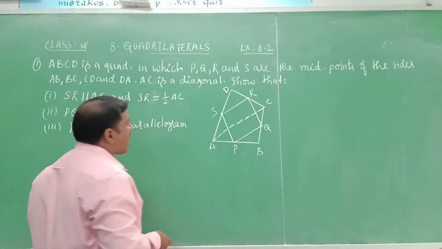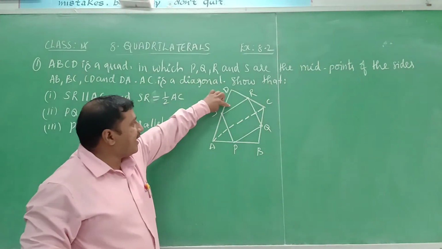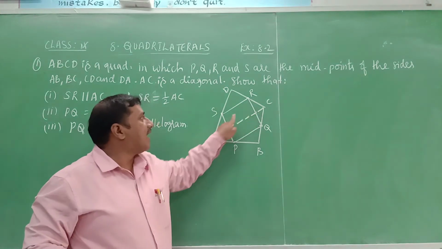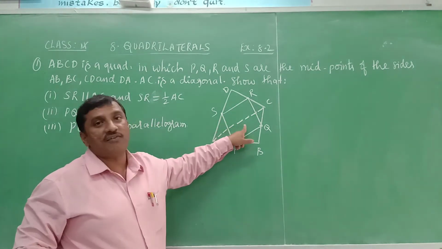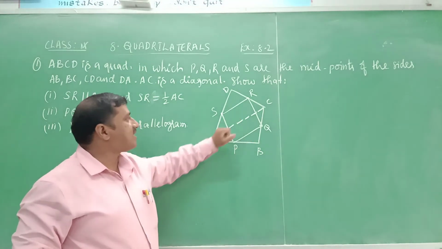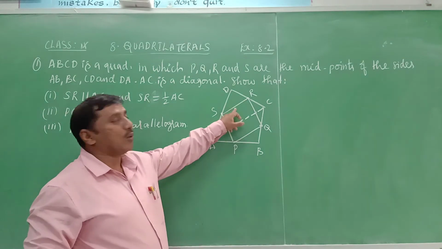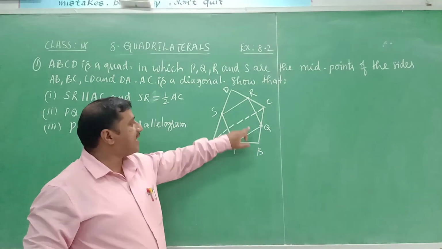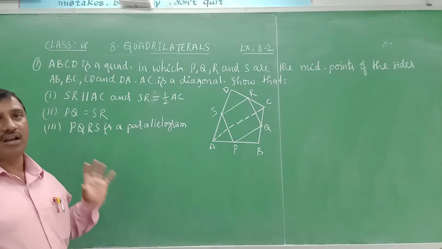Show that 1. SR is parallel to AC and SR is half of AC. 2. PQ is equal to SR, that is, opposite sides of this quadrilateral. And PQRS is a parallelogram.